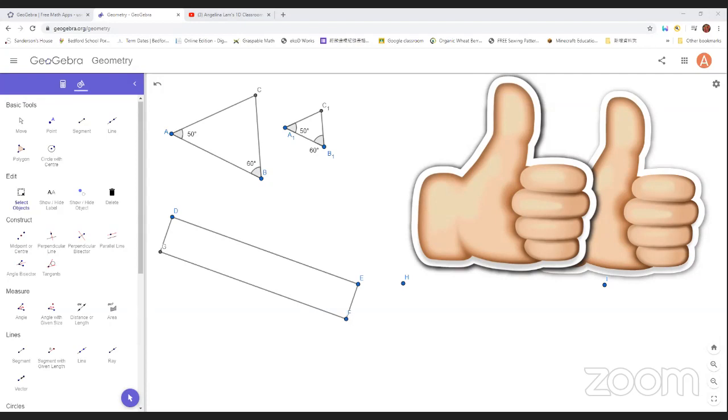Let me get any one. Like this one. And then if I want to change the size of this picture, hey, let me see. Oh, I'm not showing you that one. Let me see. I want to show you this one now.